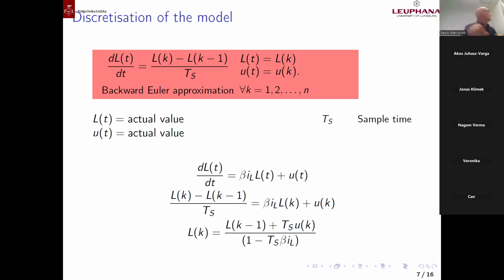Probably I show what I intended. Yeah, and then we simulate. It's better to do that. One second, I take something to write.